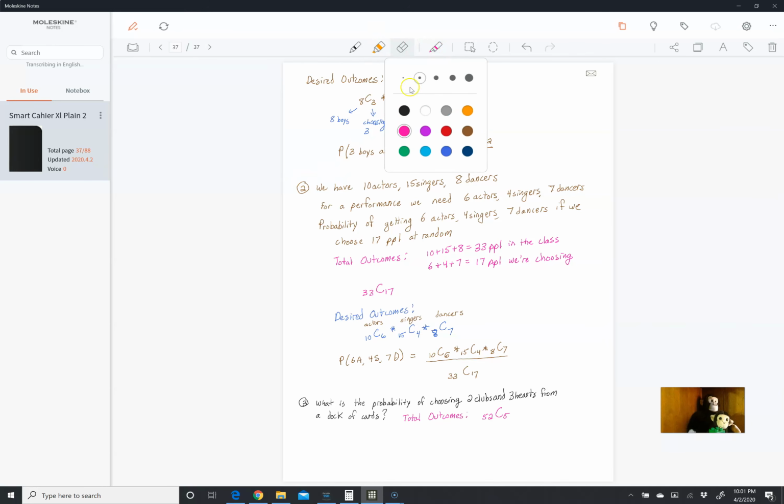Our desired outcomes. Well, we have 13 clubs, and we're choosing 2 of them. And then we have 13 hearts, and we're choosing 3 of them.